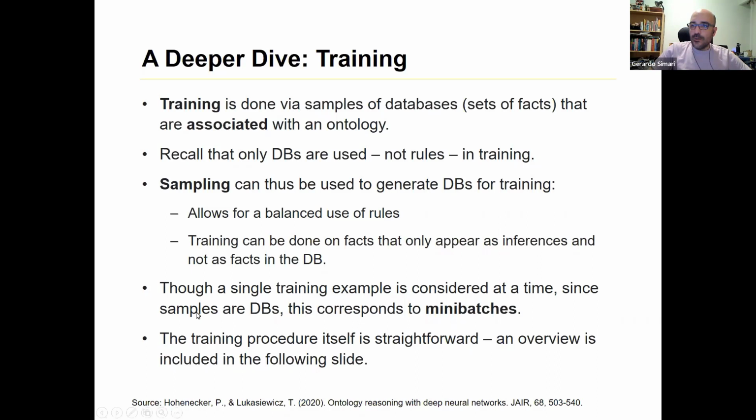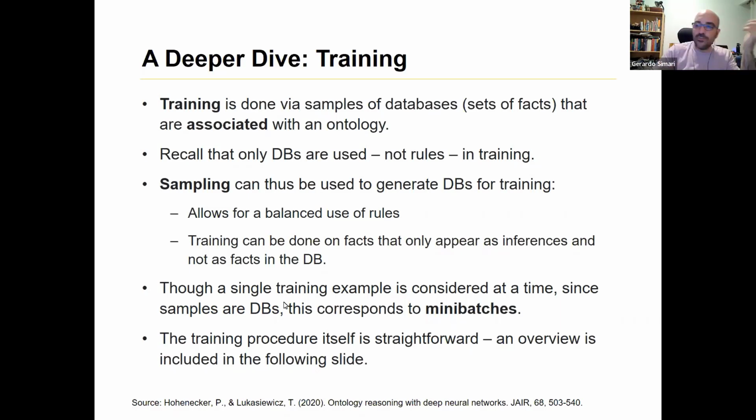So then, even though a single training example is considered at a time, because samples are complete databases, the authors also point out that this corresponds to training with mini batches.